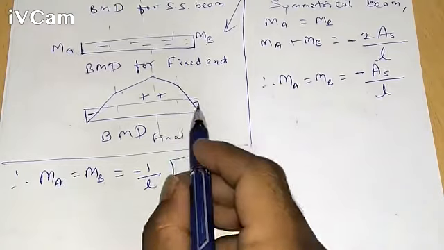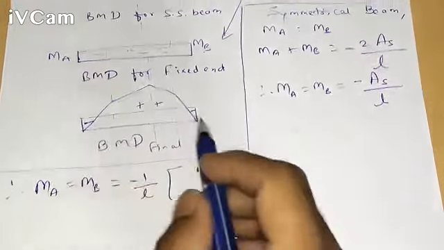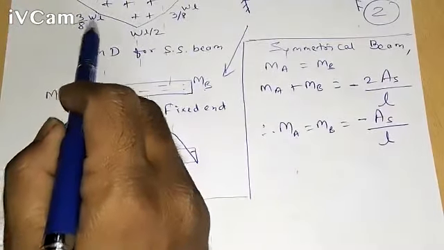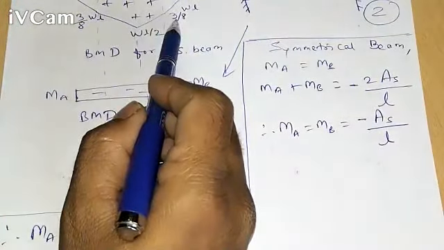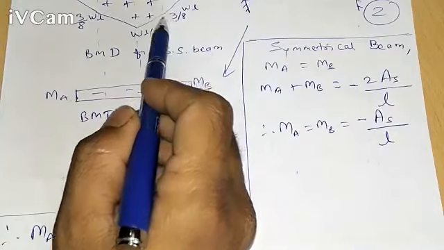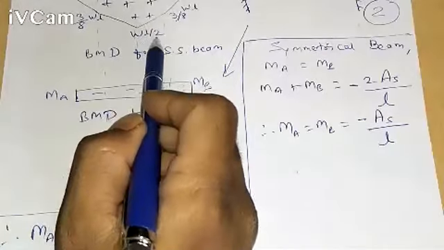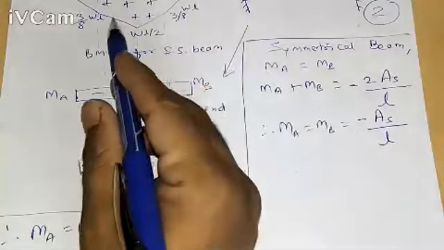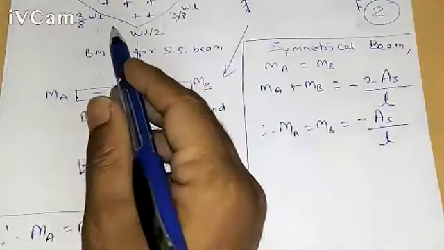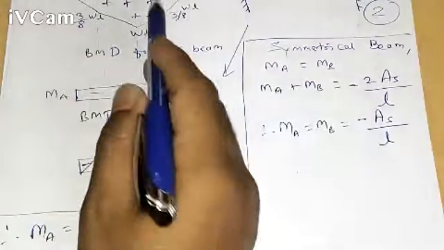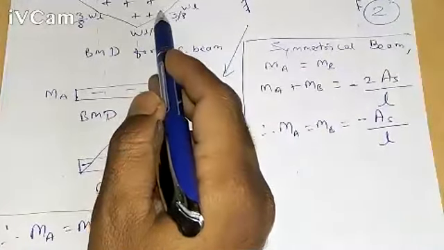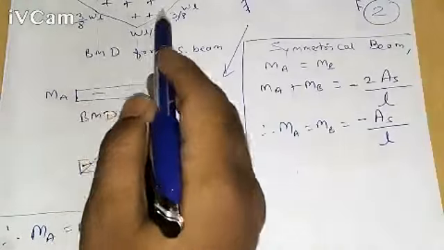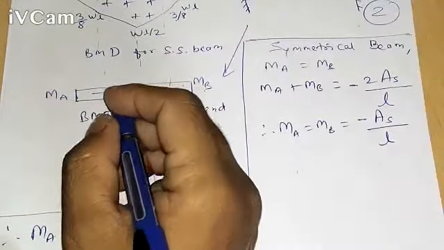So this one is 3 divided by 8 WL, and this one is WL by 2. We can simply consider these as triangle parts, and once we calculate the triangle part, we will consider the remaining part.